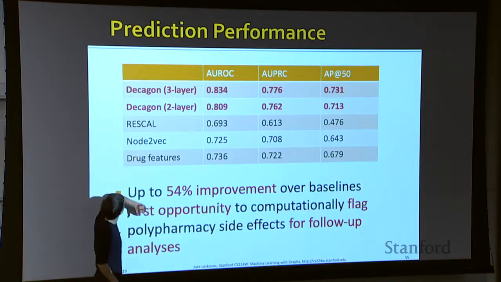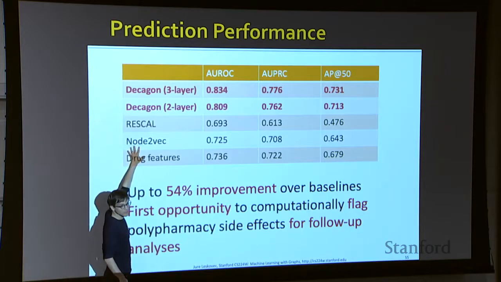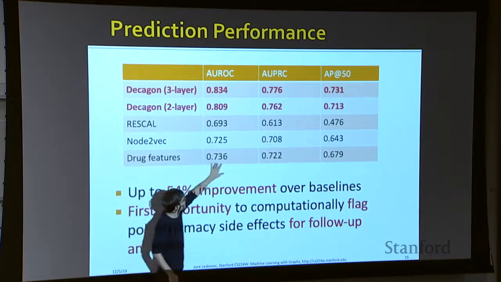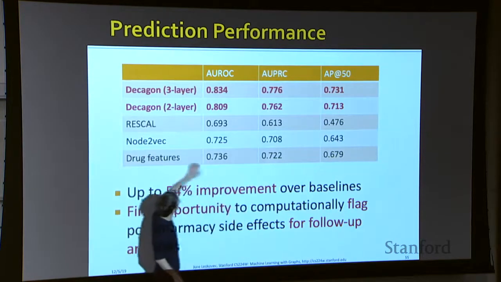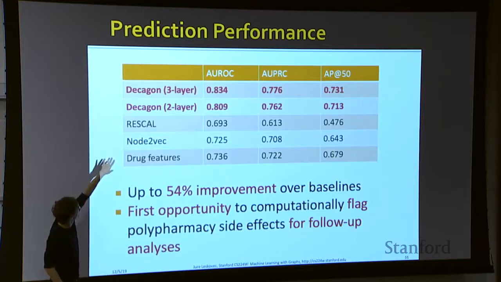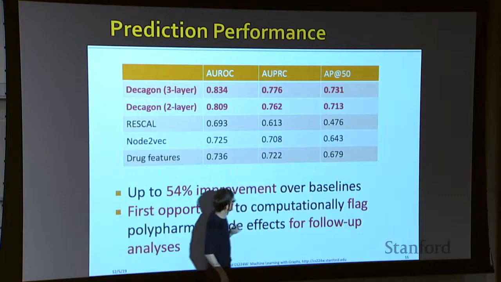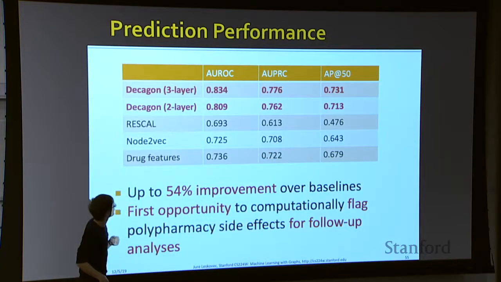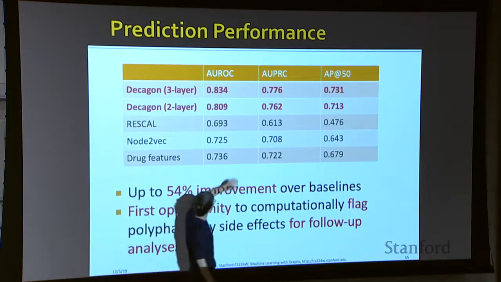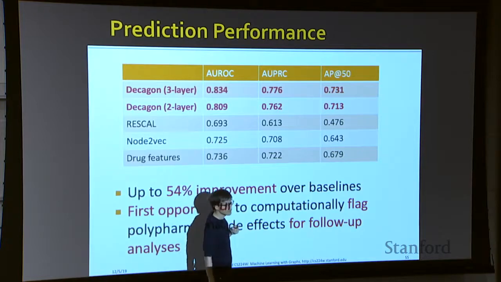Higher is better. Node2Vec we talked about, so you guys know what this is. If you just use drug features, this is how well you can do if you are using the state-of-the-art method to do these things. Here's the performance. And you see we are doing quite well.